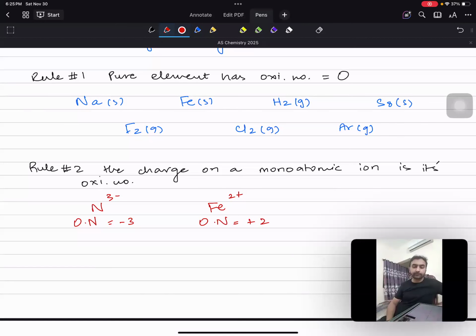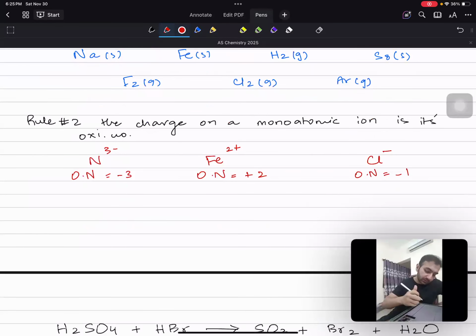Getting it? Chloride, Cl-, has an oxidation number of -1. Another example: sodium, Na+, has an oxidation number of +1. Charges are written as 1+, not +1. Any other example would be, for example, oxide, O2-, which has an oxidation number of -2. So these are monoatomic ions.